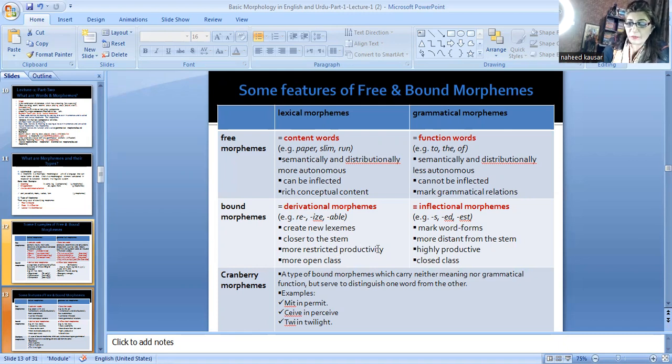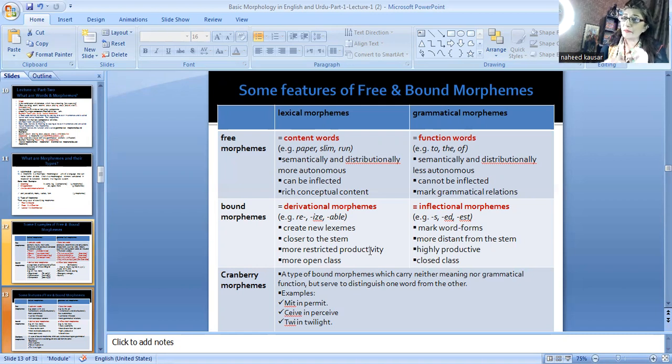More restricted productivity and more open class. So most of the examples belong to the open class, like verbs, nouns, adjectives, and adverbs. Similarly, they have more restricted productivity.